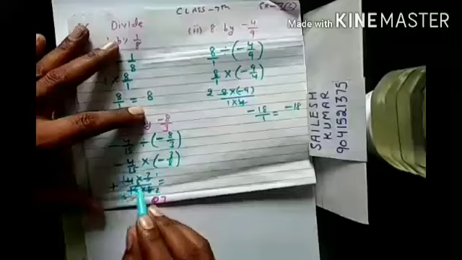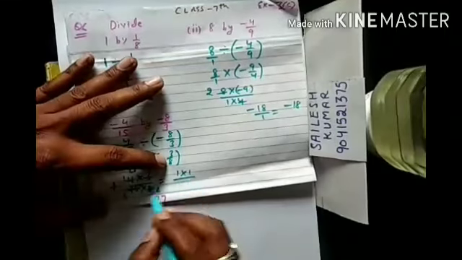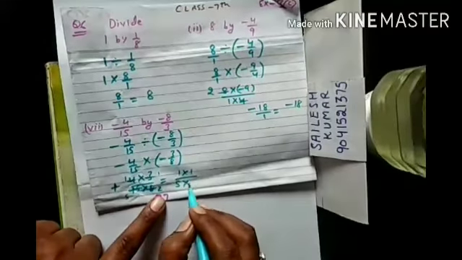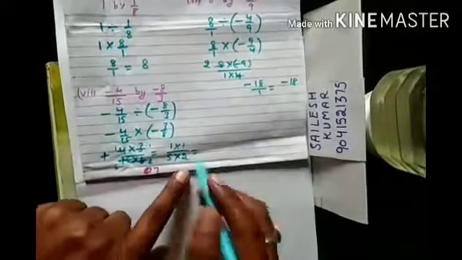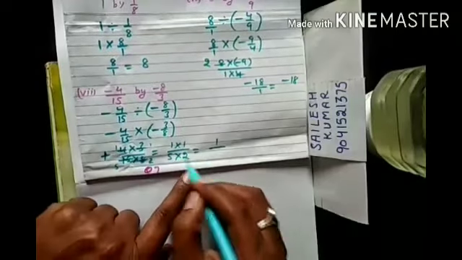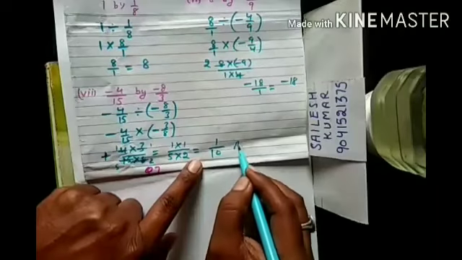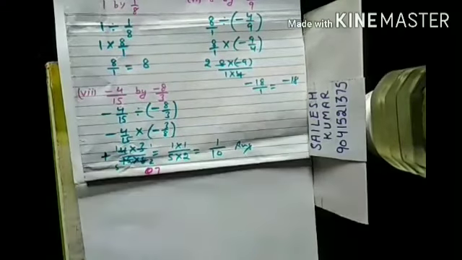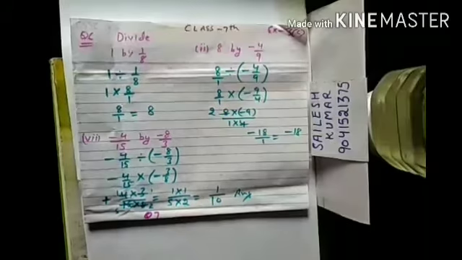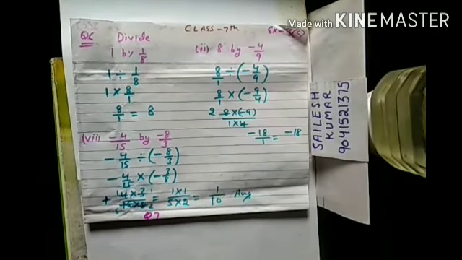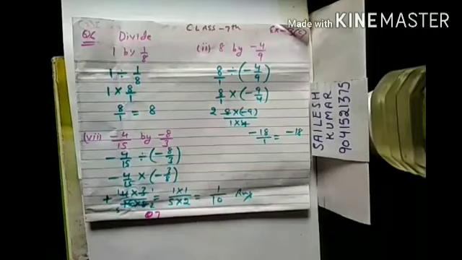Okay. Now 1 multiply 1 and 5 multiply 2. So 1 multiply 1 is 1, and 5 multiply 2 is 10. This is the answer. In this way we can divide rational numbers by adopting the method as we have done earlier in the topic of fractions.